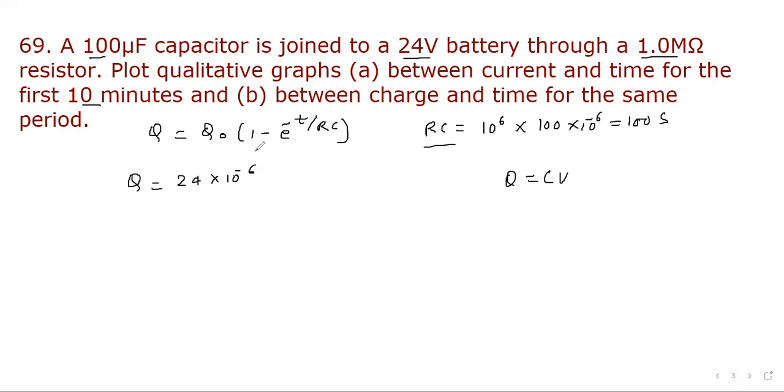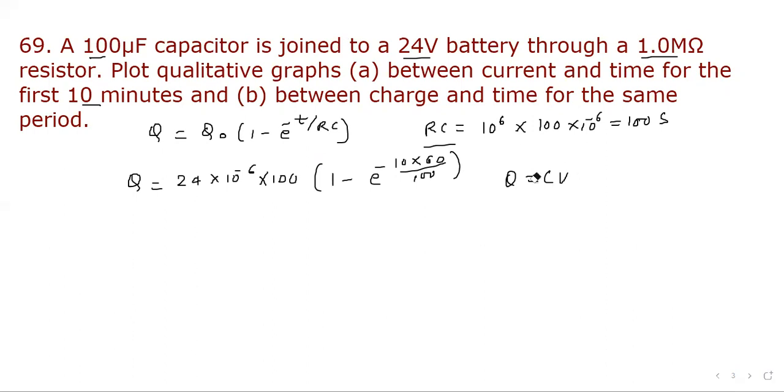Capacitance is given 100 into 10 to the power minus 6. So this is 100 into 1 minus e to the power minus t, where t is 10 minutes. 10 minutes means 10 into 60 divided by RC, which is 100. So we will get e to the power minus 6.